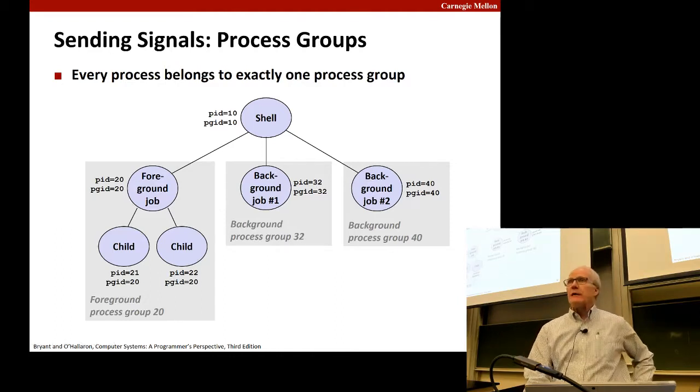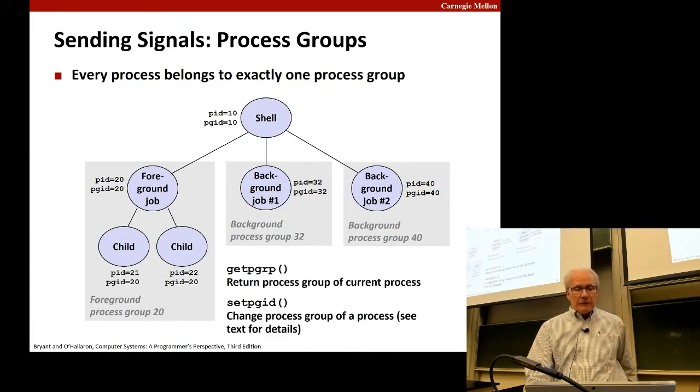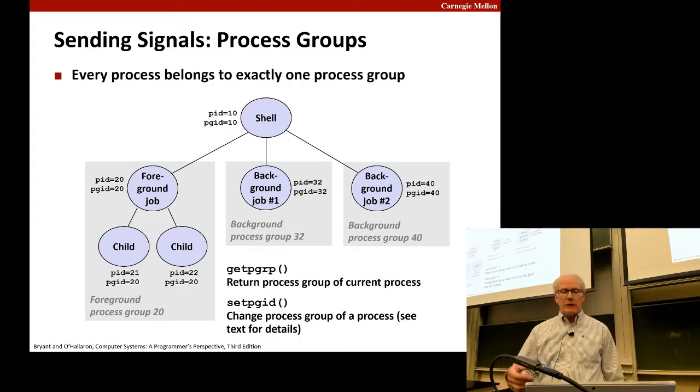For every process, there's an associated process ID, the PID, and a process group ID, the PGID, which is usually the PID of the highest node in this tree for the process group. You can change the process group of your program with a function called setpgid.